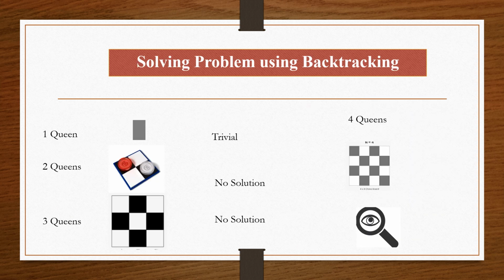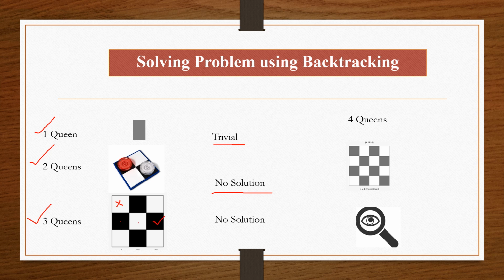For solving the n-queens problem using backtracking, let us first explore the number of queens that can be used. If only one queen is used, the solution is trivial. If there are two queens and the chessboard is 2 cross 2, we cannot place two queens, so there is no solution. If there are three queens on a 3 cross 3 chessboard, the first queen can be placed here, the second queen cannot be placed here or here, but it can be placed here.